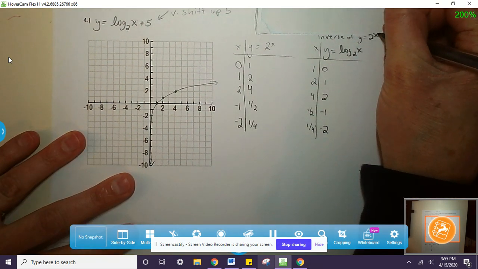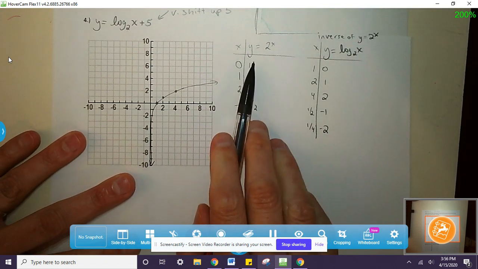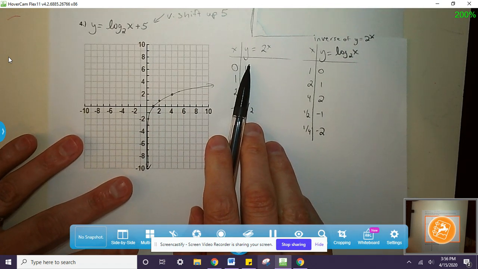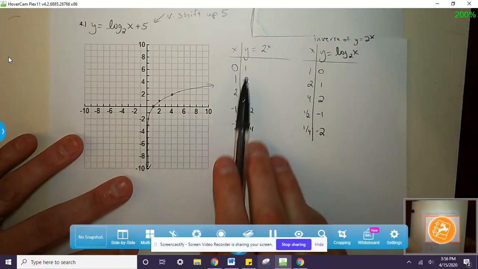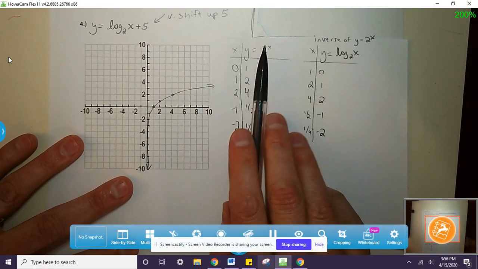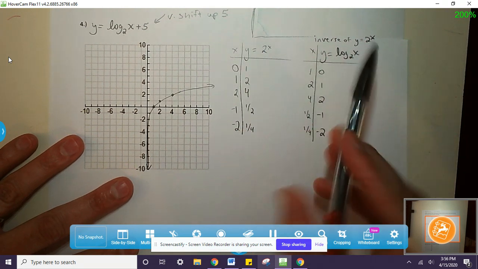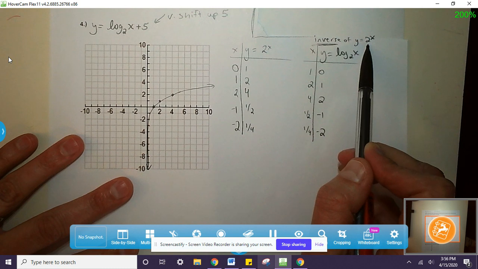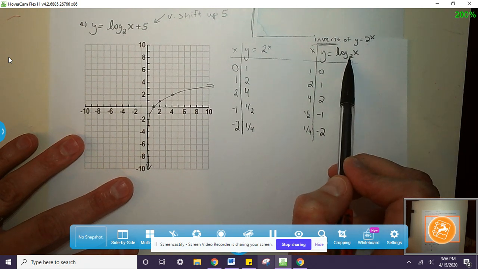So if you tried this one without me, you graphed 2 to the x first, I hope. You made your table of values. The inverse of y equals 2 to the x is y equals log base 2 of x. The inverse of that exponential function is the log function. Exponential function and log function are inverses.